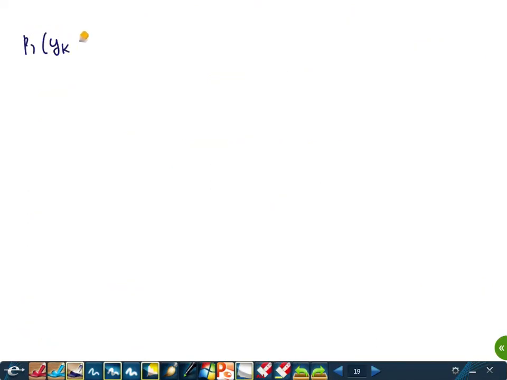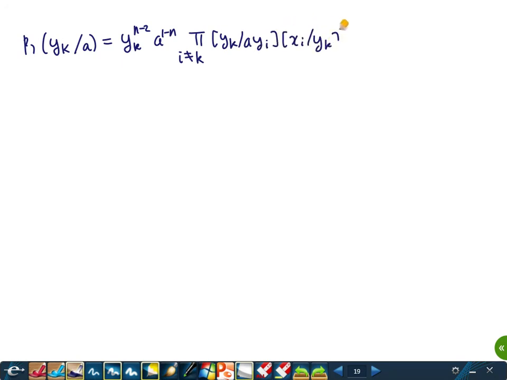I'm just writing down the same thing with yk. And the product over i not equal to k, z n minus 1. We just exclude x1, but here yk is excluded because of the symmetry. And this is for P1.